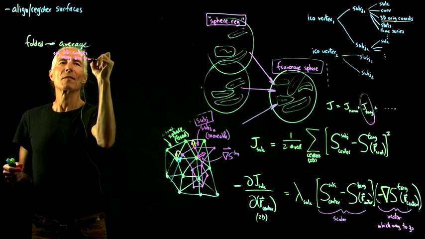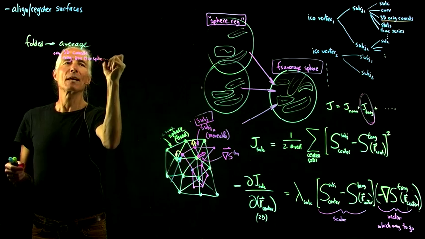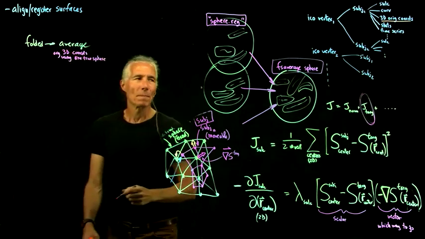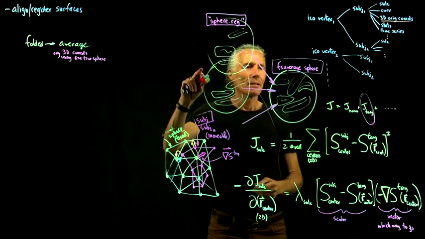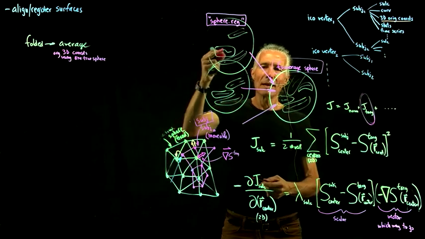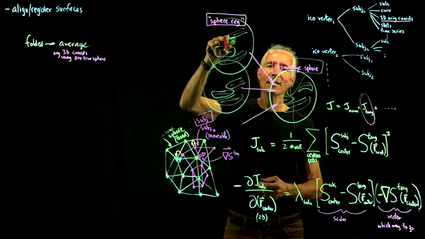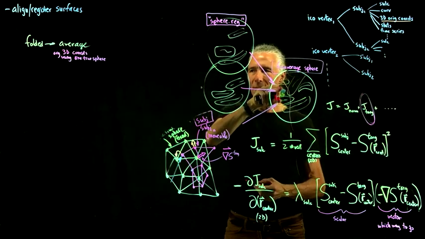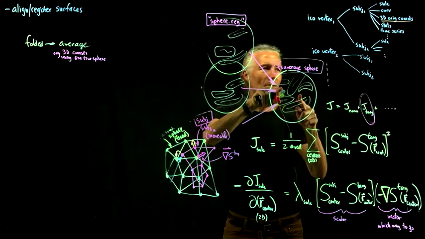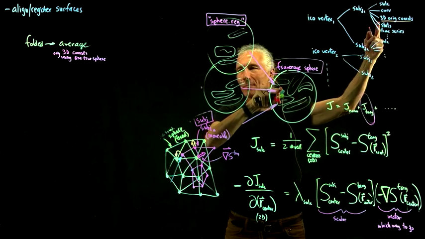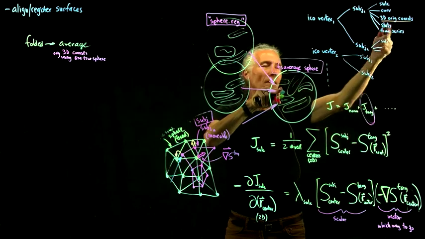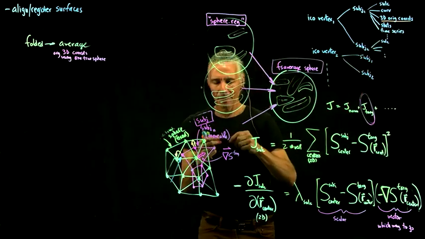So we got 20 people. We aligned them, turned them into a sphere, aligned them to the average sphere, sampled their 3D coordinates onto the one true sphere so we could average them, and then averaged them vertex by vertex, and then drew a surface of those average 3D coordinates.